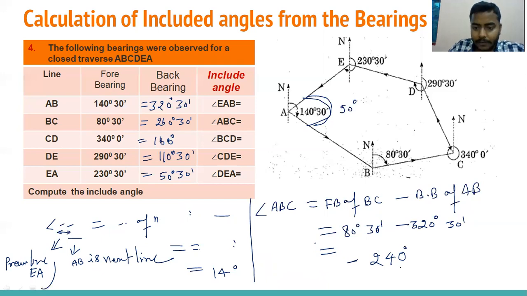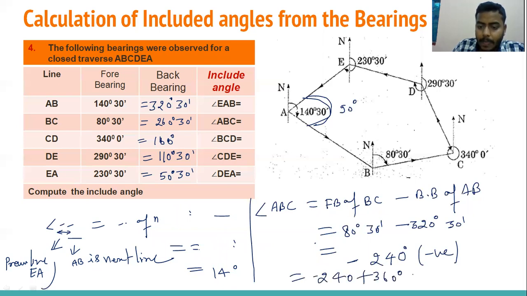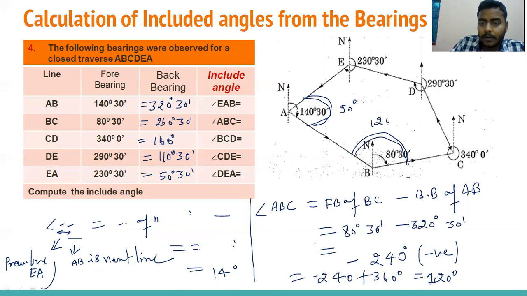I already told you, when we are getting a minus value, then we add 360 degrees. So what you will get? You will get 120 degrees. Means the included angle at this point will be 120 degrees. Similarly, you can go for this angle C.